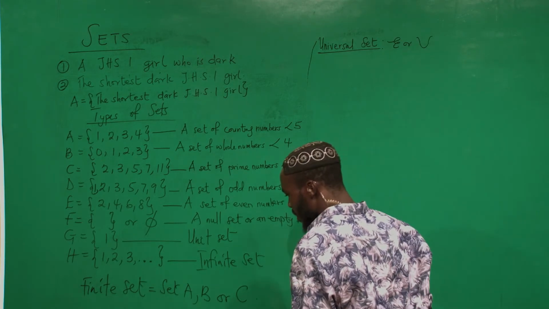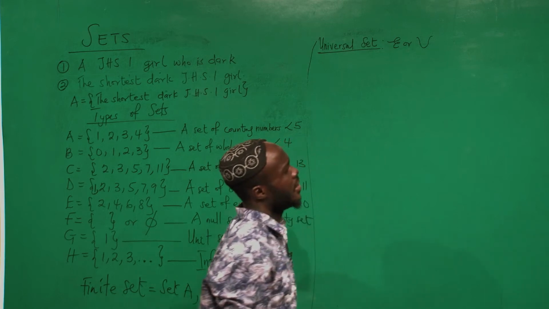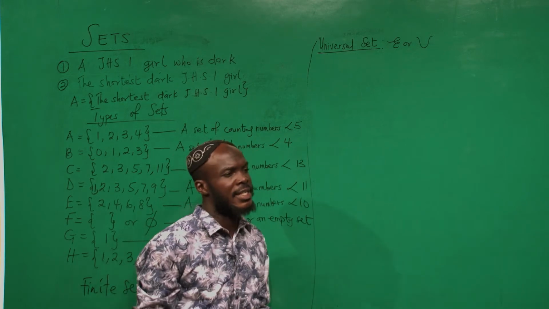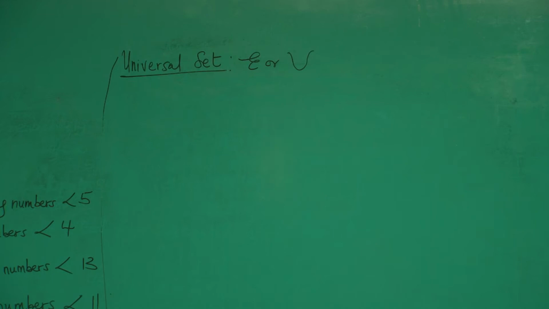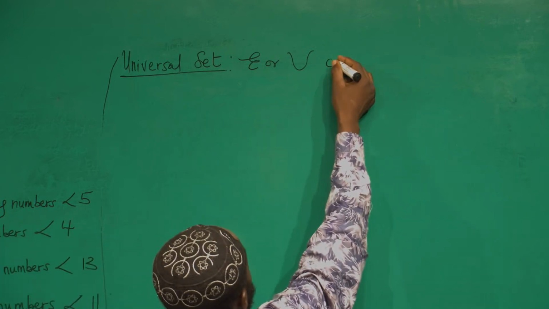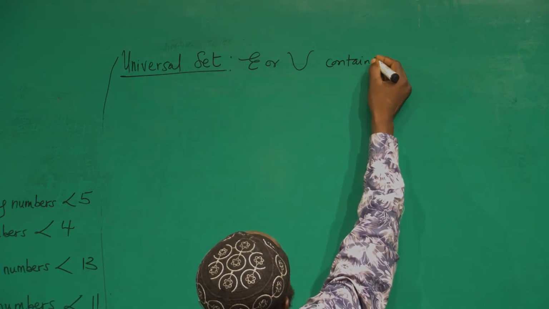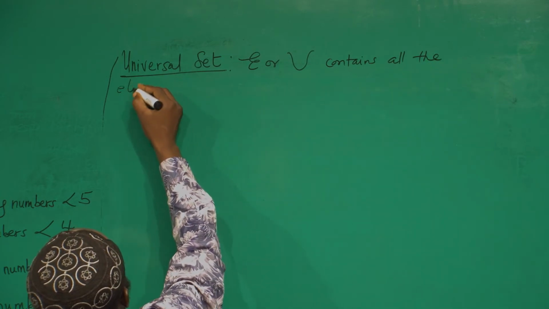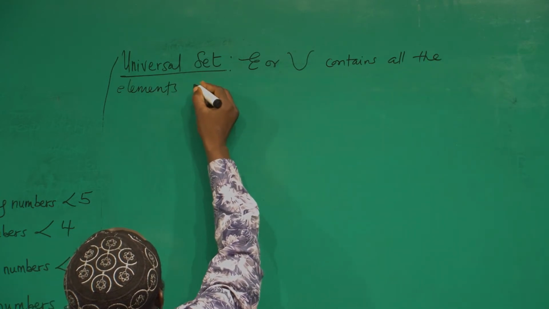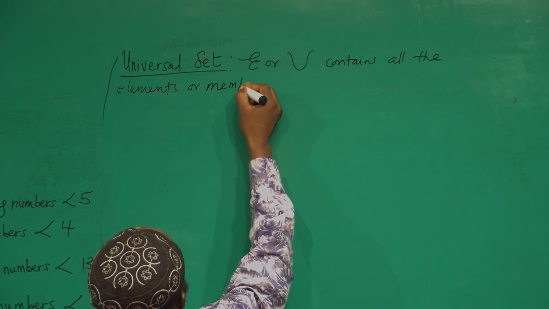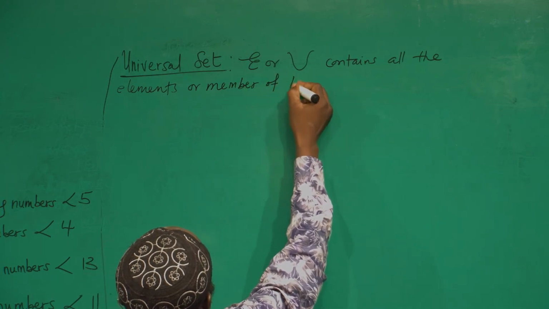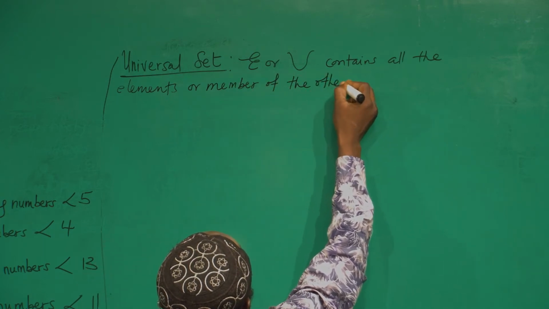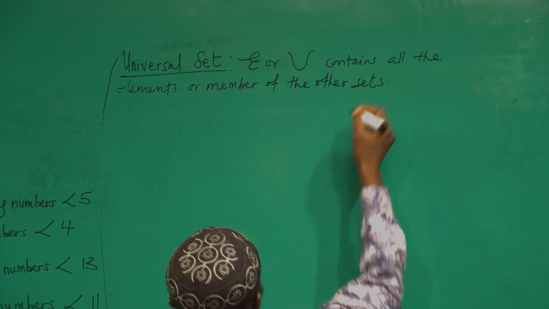That is the universal set. And this set is a set under discussion, or it's a set that contains all the elements or members of the other sets.